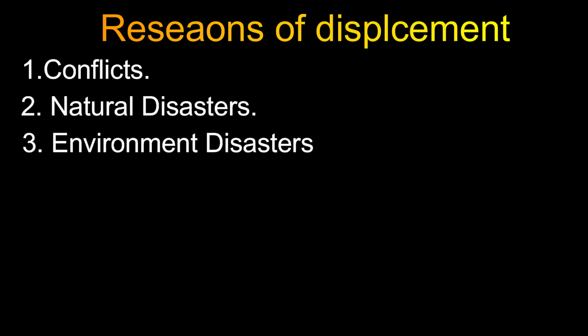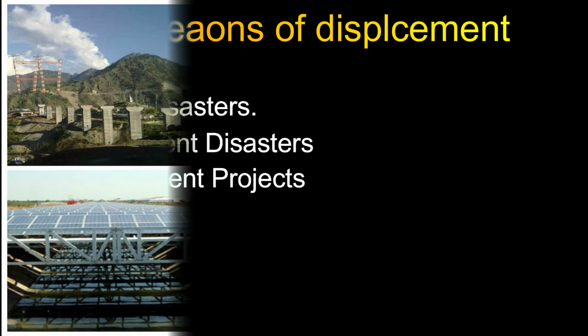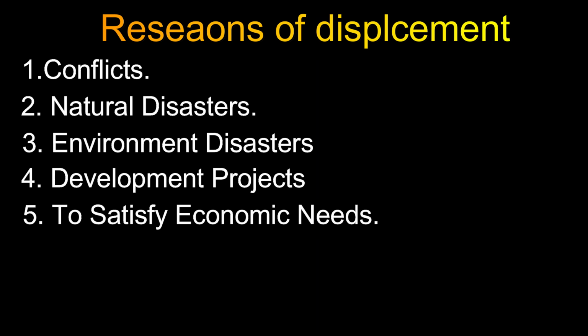Number four, development projects in various sectors such as construction of dams and reservoirs, irrigation, urban infrastructures, transportation, energy distribution, agricultural expansion, forest conservation, industrial development, etc. Number five, to satisfy economic needs, that is, migration in search of a livelihood or for improving the quality of life.